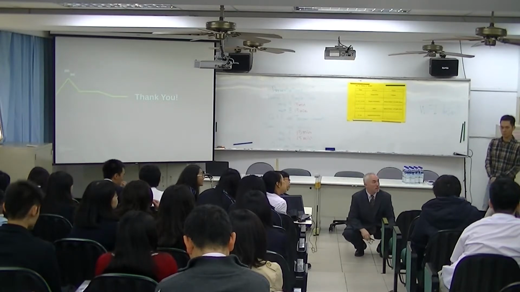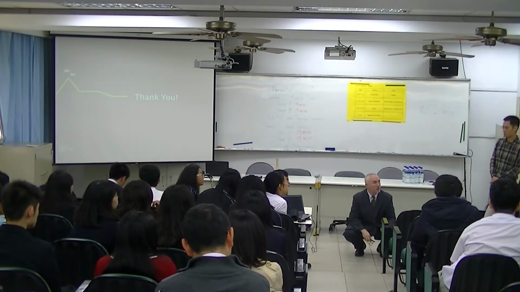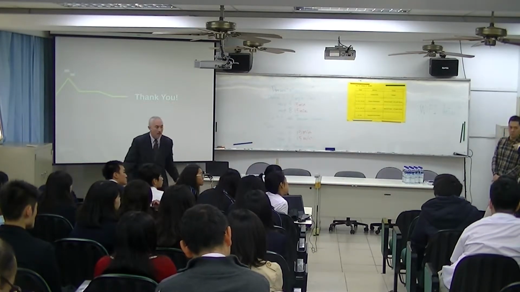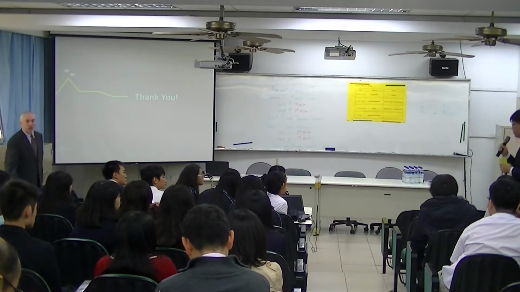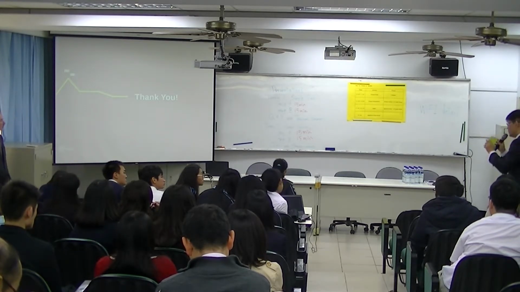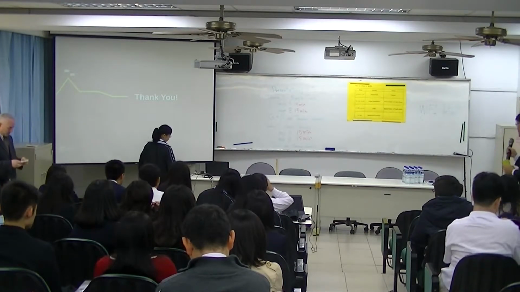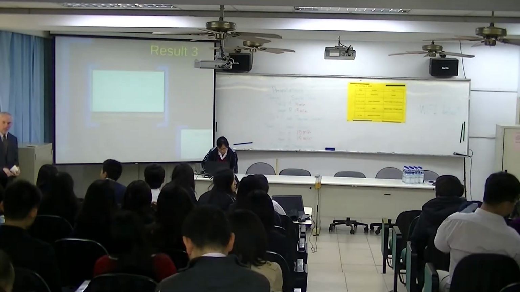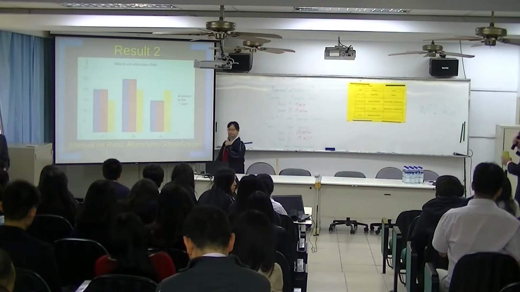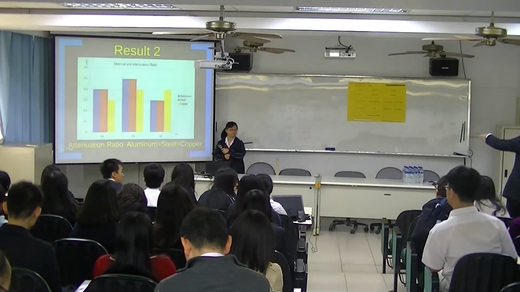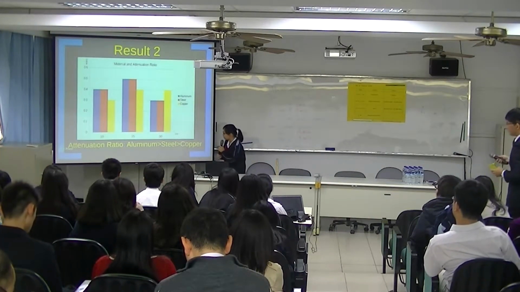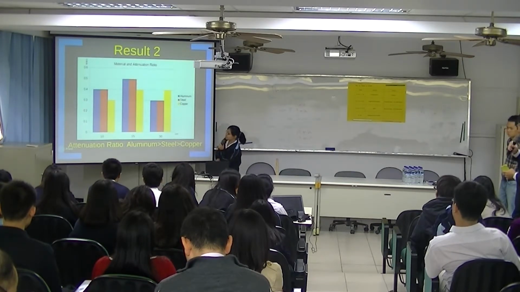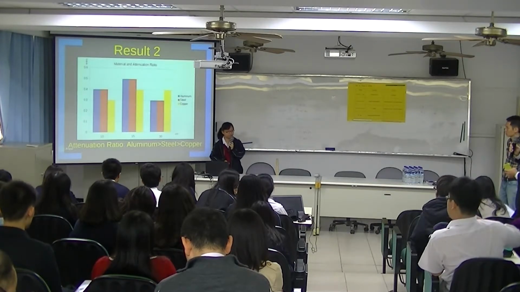May I ask Group B, on your result 2, the slide, what's the y-axis and the x-axis and the physical meaning? Would you please show us the result 2? What's the x-axis and the y-axis? What's the meaning? The x-axis is the length and the y is the decay, the attenuation ratios.